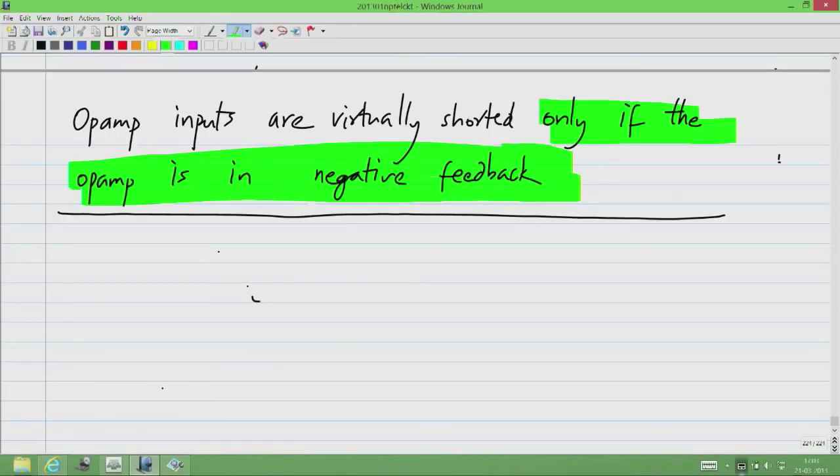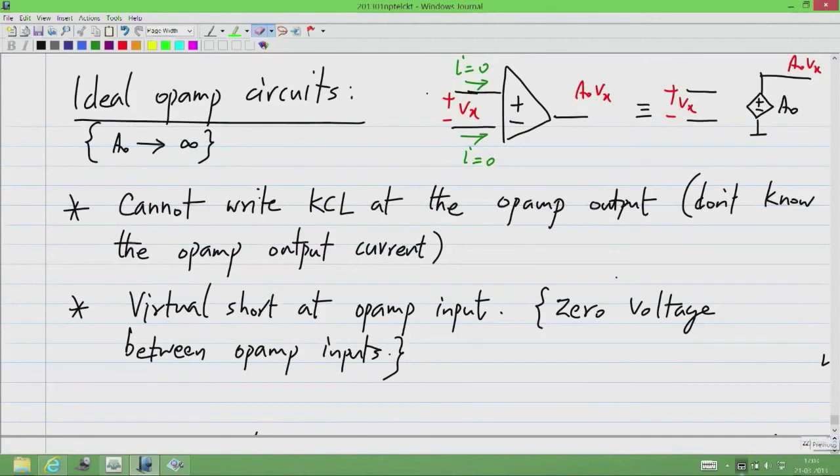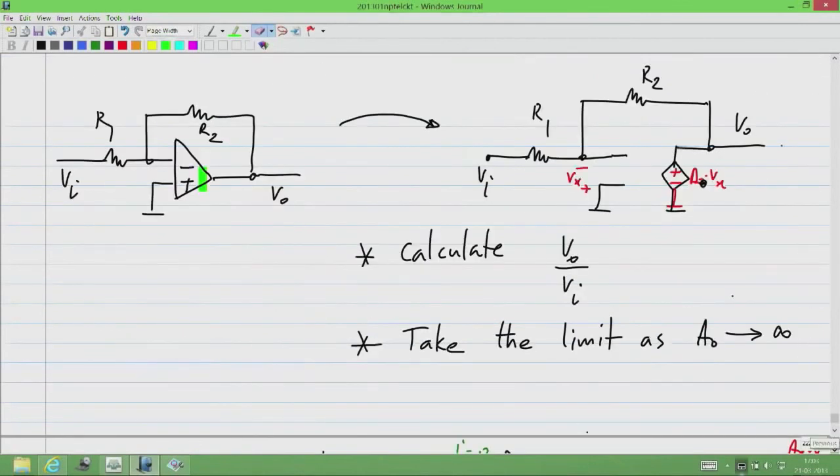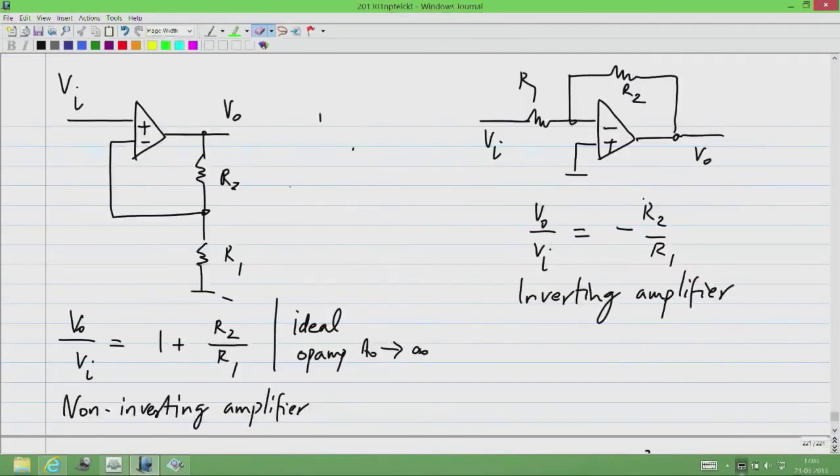Okay, I will tell you what this means by taking the two examples. Let me take the non-inverting amplifier first. Okay, so let me take this circuit.